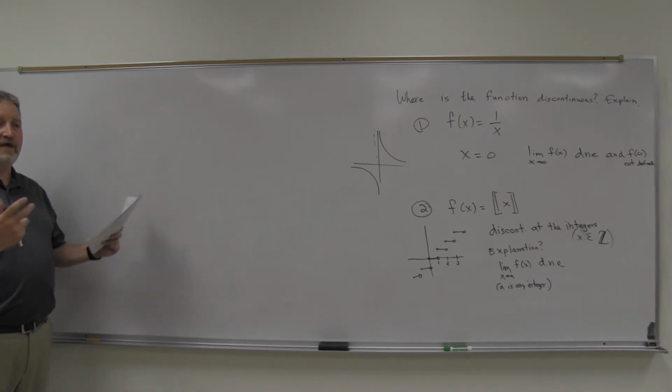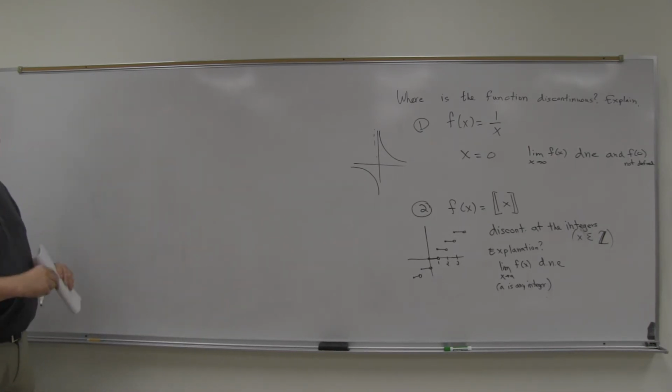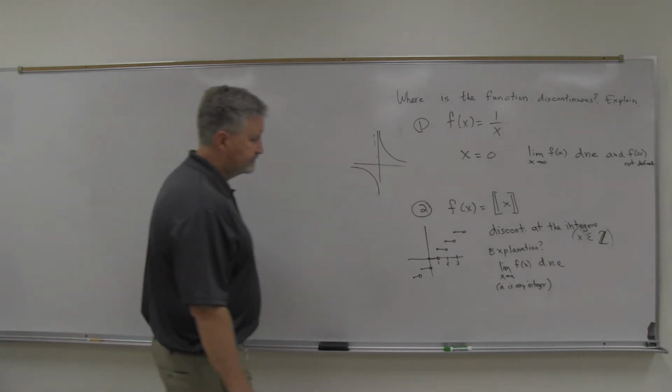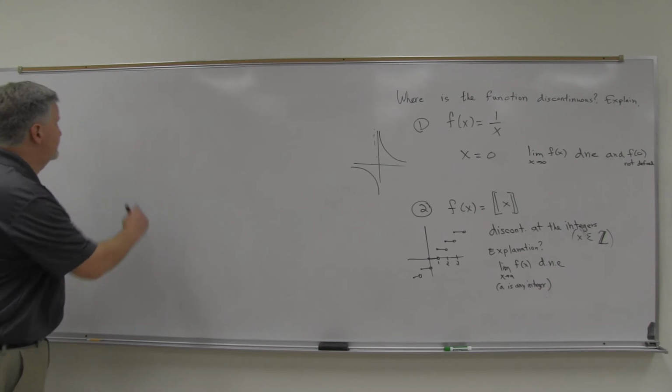All right, so on number 2 there, the greatest integer, it's discontinuous at the integers. However, on that, we have another special thing, and that is continuity from the right.